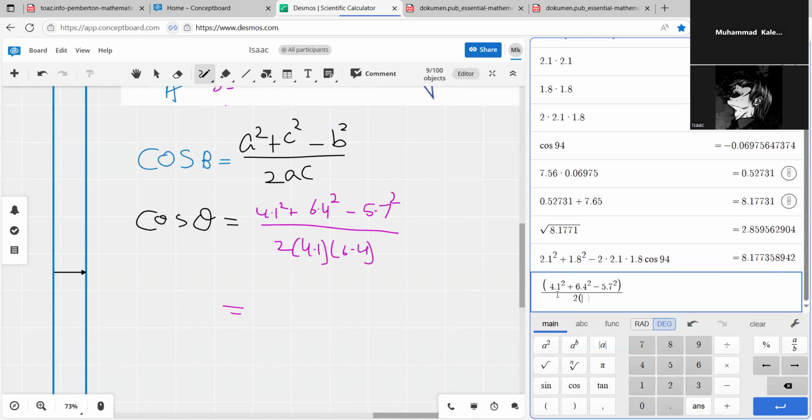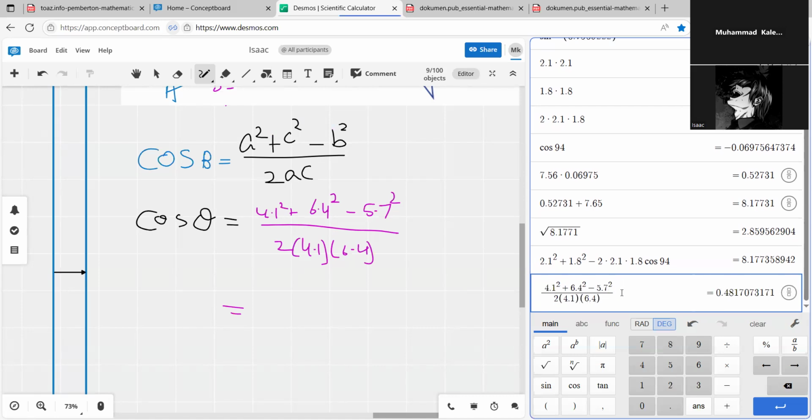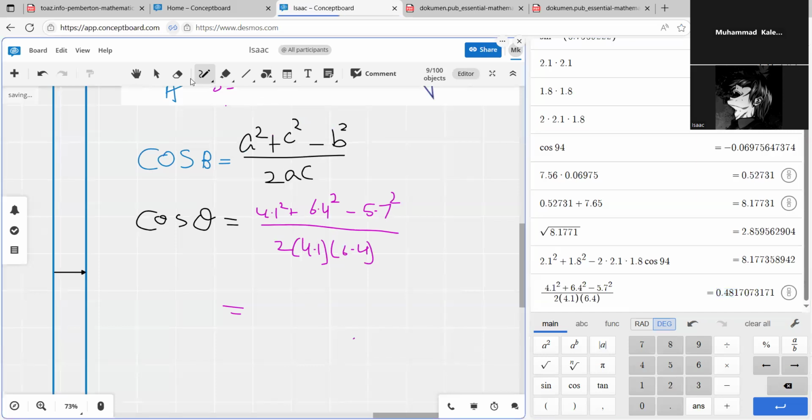If you want to write in brackets, write bracket 4.1 bracket close, bracket 6.4 bracket close. So this is our answer, not the final answer. It's just cos B. Our main required thing is the angle.